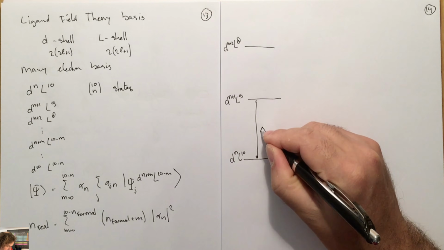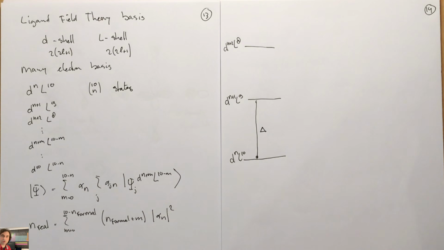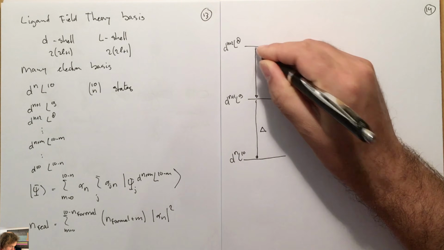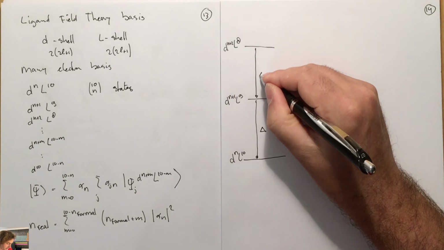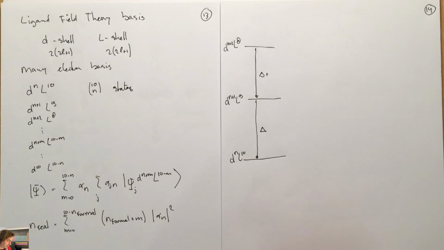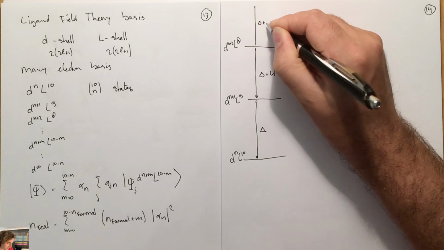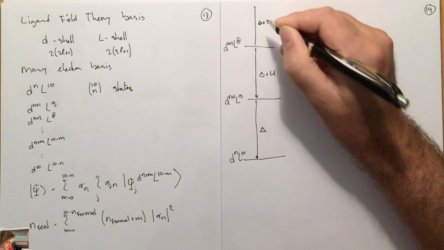But to simplify our equations, we're just going to call this energy difference delta. Then I know that my energy has to be parabolic in U, so the energy difference between the next two configurations is delta plus U, and between the next configurations is delta plus 2U, etc.